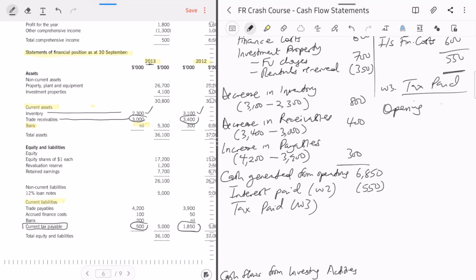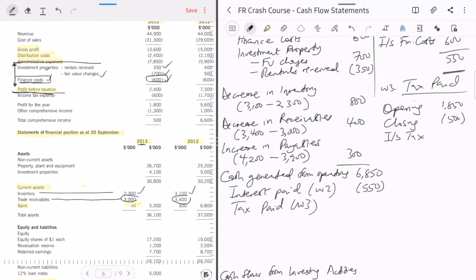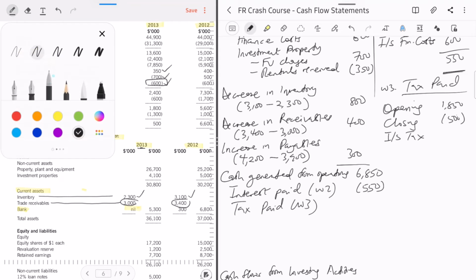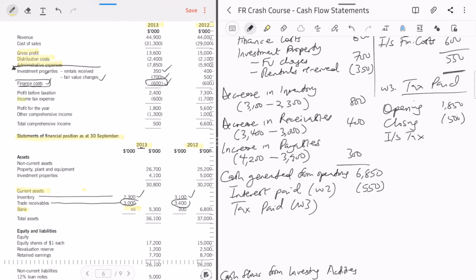So my opening, I put here 1850. Closing will be 500. Something happens for tax. There's something that will always happen: you add the income statement tax figure, which if you come to the P&L, can you see here? Income tax expense. Income tax expense is 600. Can we all see? 600. So that's the same figure I drop here.